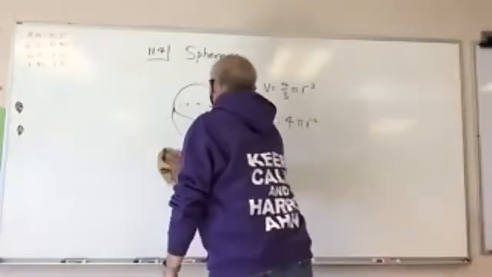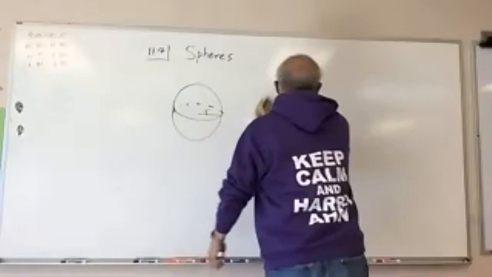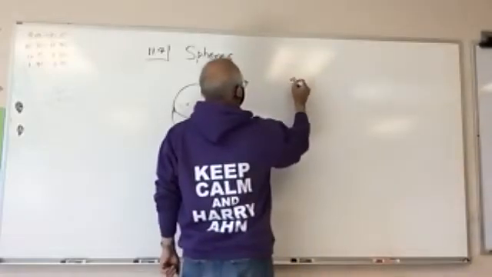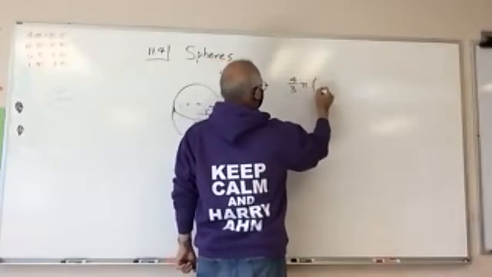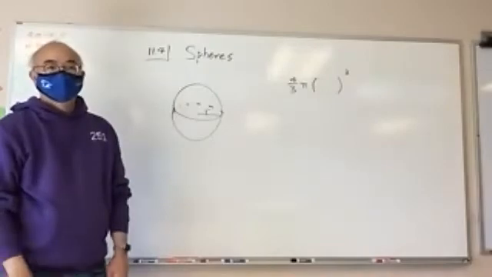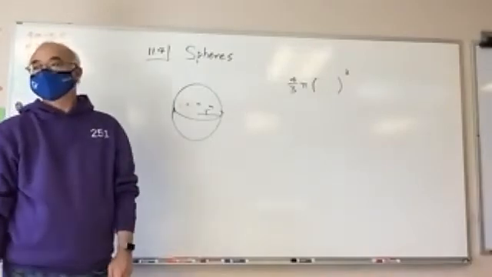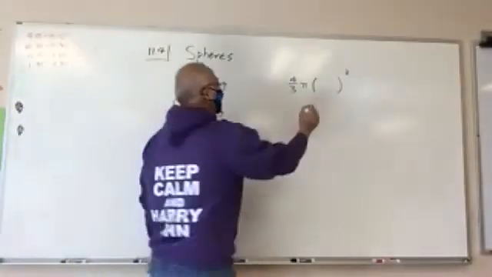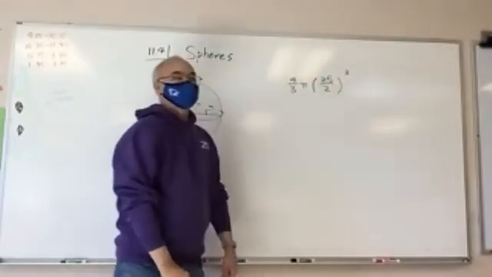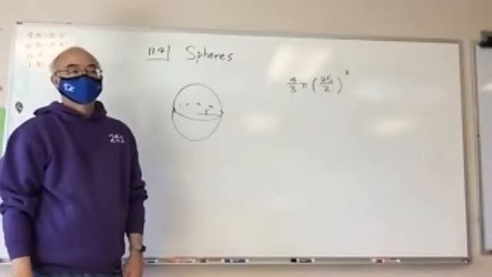So the volume of the squid eyeball is 4/3 pi r cubed. What is r for the giant squid? 25 is the diameter, correct? So the radius would be 25 divided by 2.